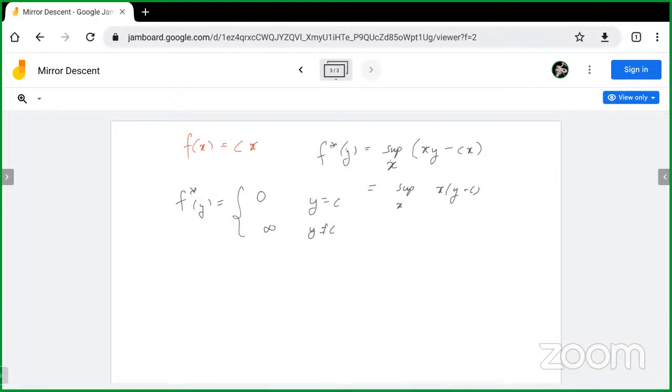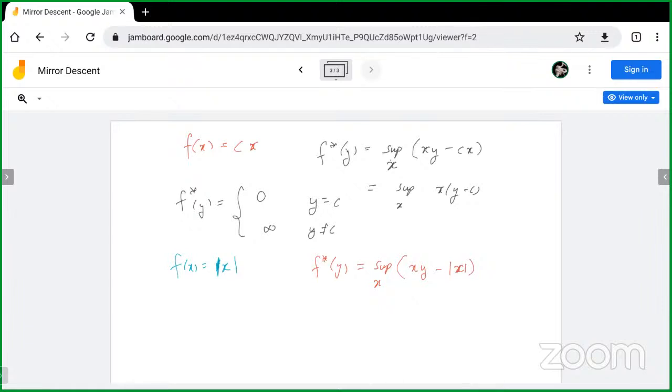Okay, so let's take one more example, f of x equals the absolute value of x. So let's do this. f star of y is the supremum over x of xy minus the absolute value of x. Okay, so this is a bit funny.